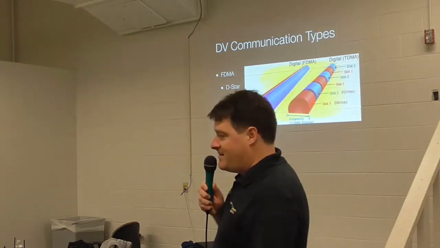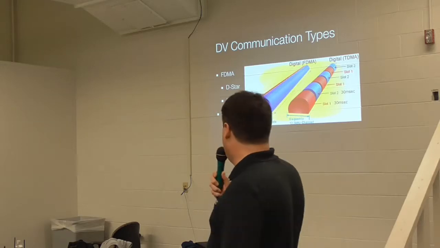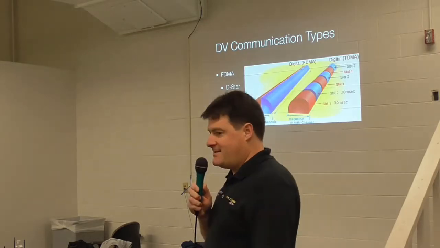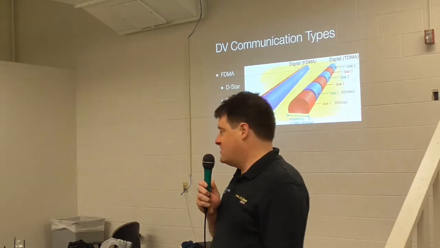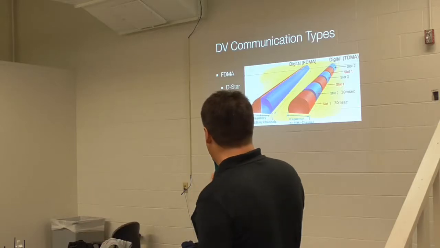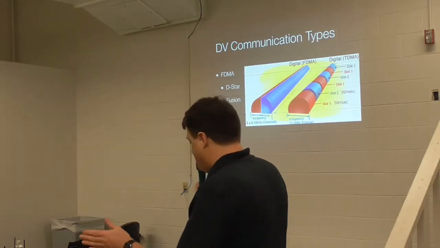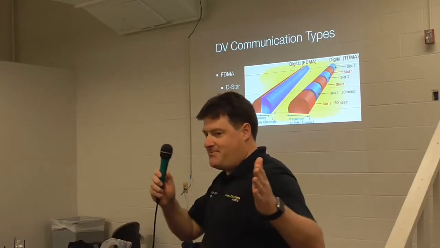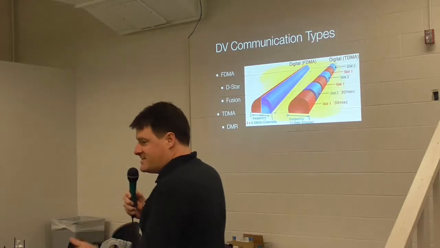And so DMR came along and they said, you know what? I can take 12.5 kilohertz and I can slice it up. 2 guys can use the same frequency and talk to 2 different places. One can go to local, one can go across the world. It's kind of how it works. It's using that time slot method. It's still using that big chunk, but it's servicing more people.